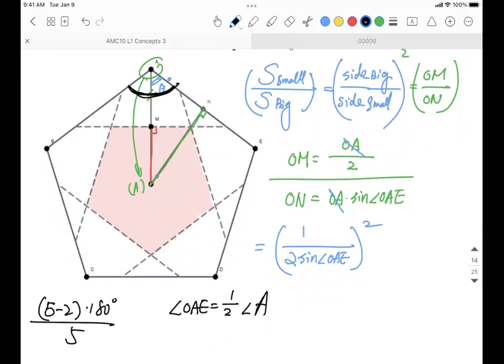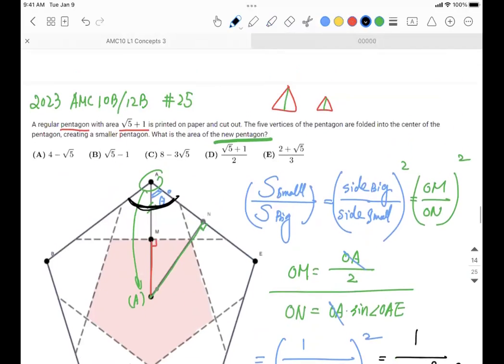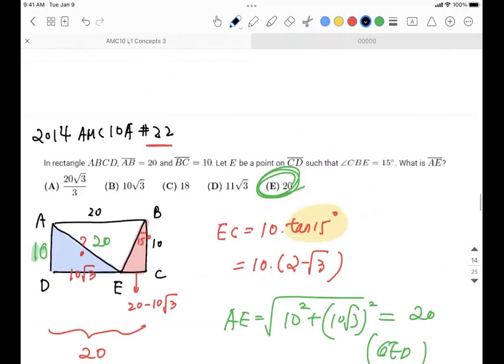So angle A is 108 degrees, and my OAE is actually 54 degrees. So that's 1/4 sine squared 54 degrees. Sine 54 degrees, we just told you, right?